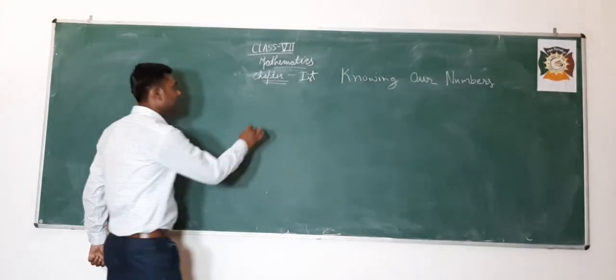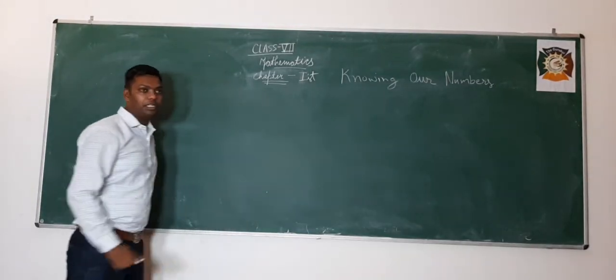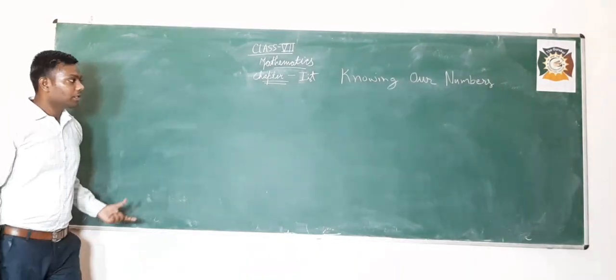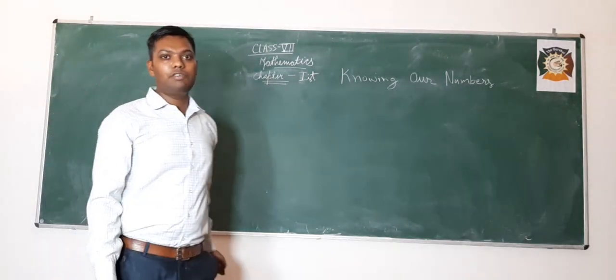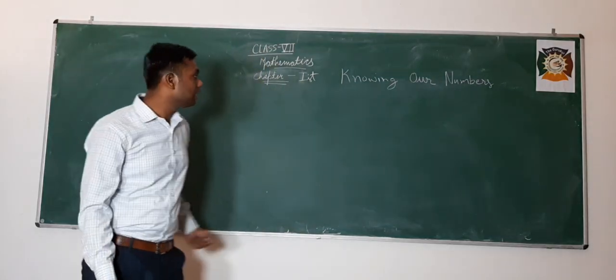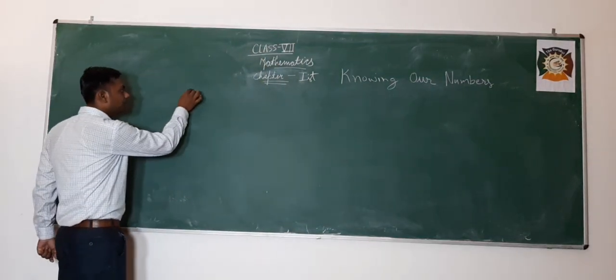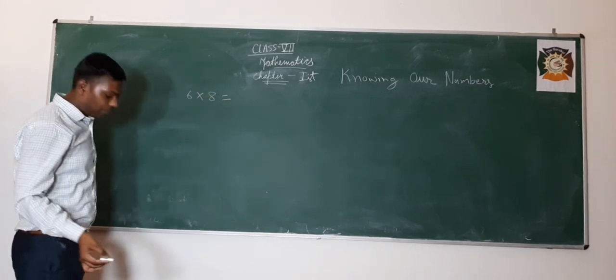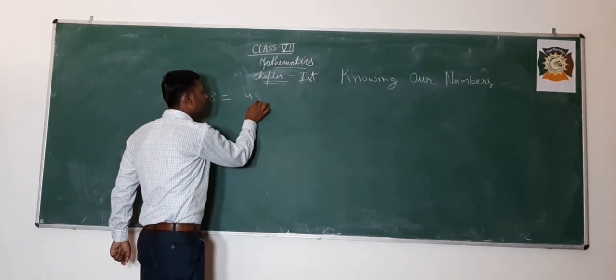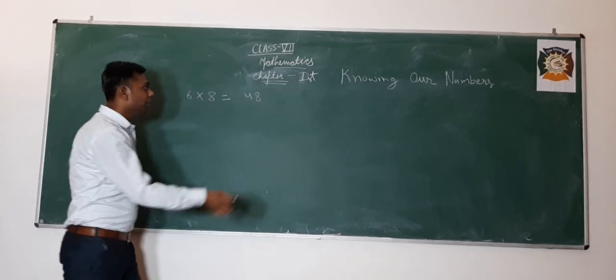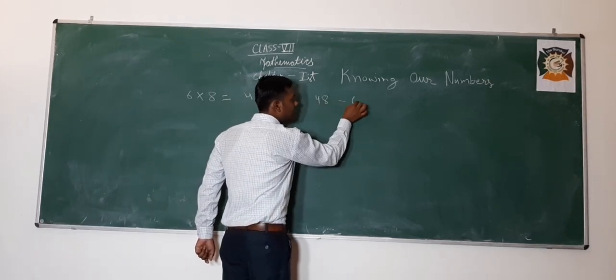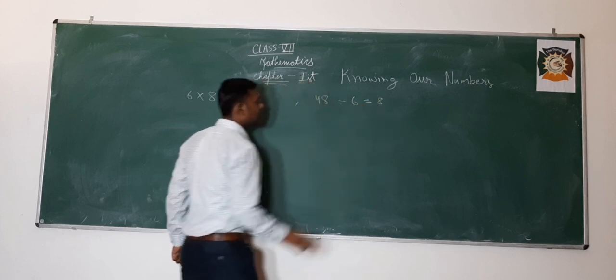Division of integers. Before starting division of integers, let's see an example from multiplication of integers. Multiplication of integers and division of integers are quite similar. Let's see the example. 6 into 8, you simply reply 48. If we divide 48 by 6, that is equal to 8.